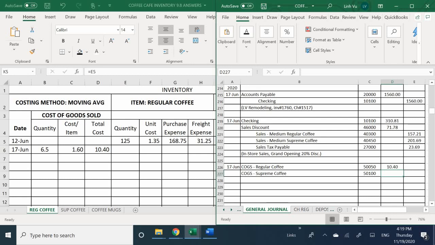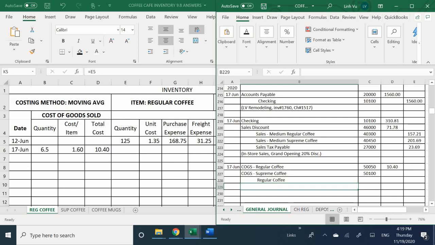You're going to take it out of your regular coffee inventory and your Supreme coffee inventory. Correct, there you go. I had to look at the chart of accounts. No worries, that's the whole point. I'm not going to leave you astray. I'm going to ask you the question so you understand where these accounts are coming from.